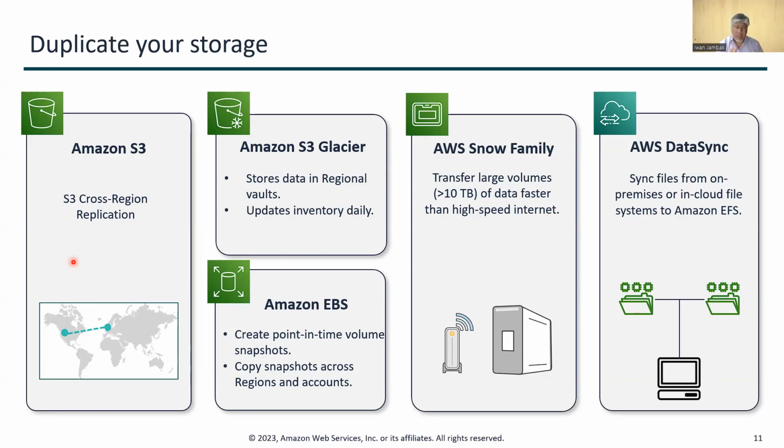However, for the data itself, you have to choose in which region it will stay. Now, if something happens in that region, you will lose your data stored in S3. So what you can do is duplicate this Amazon S3 bucket or data to another region.